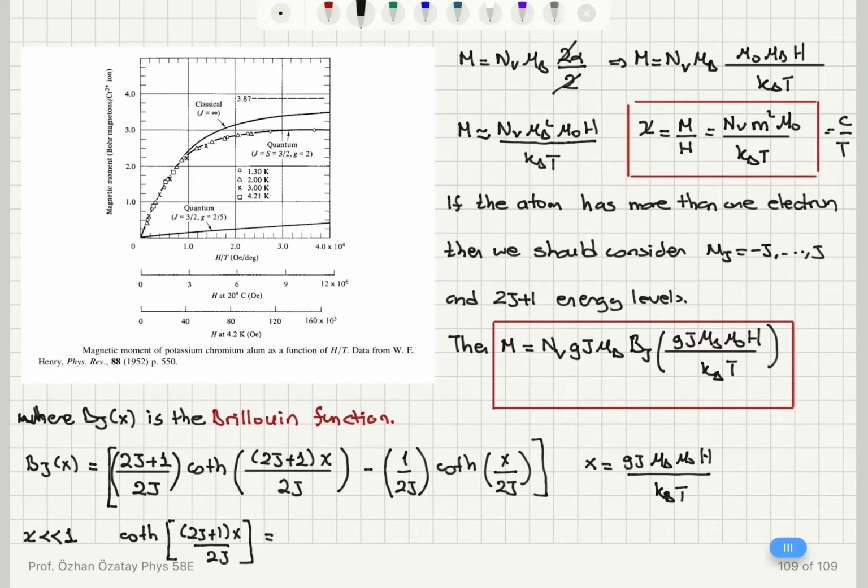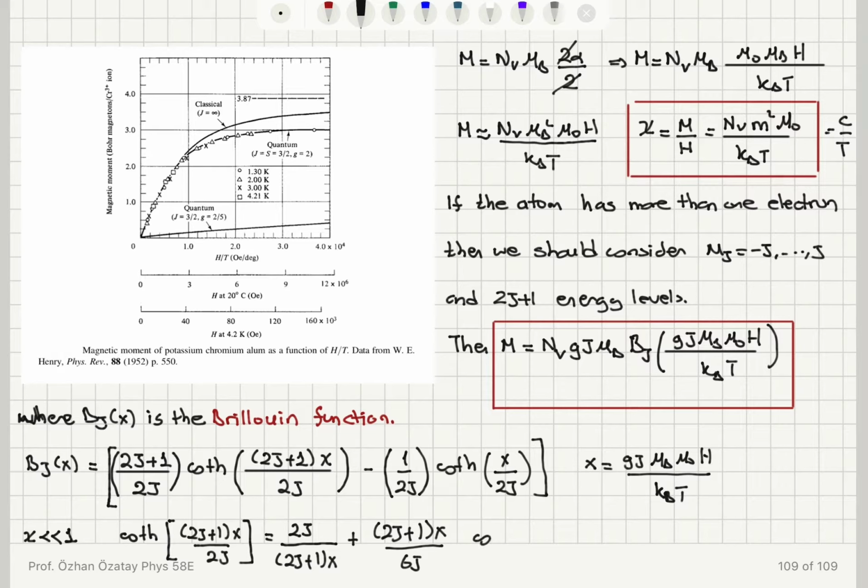It's going to be 2J/((2J+1)x) plus (2J+1)x/(6J).